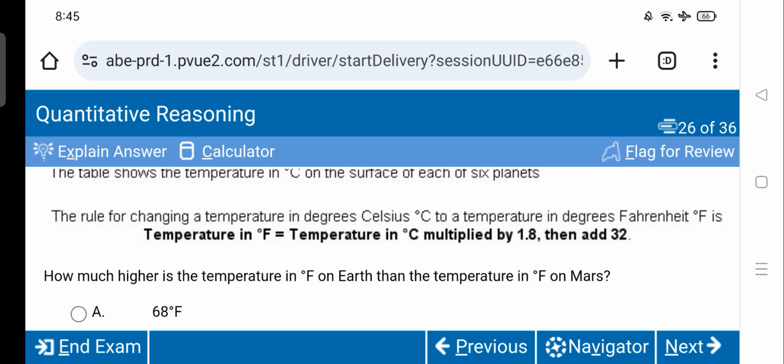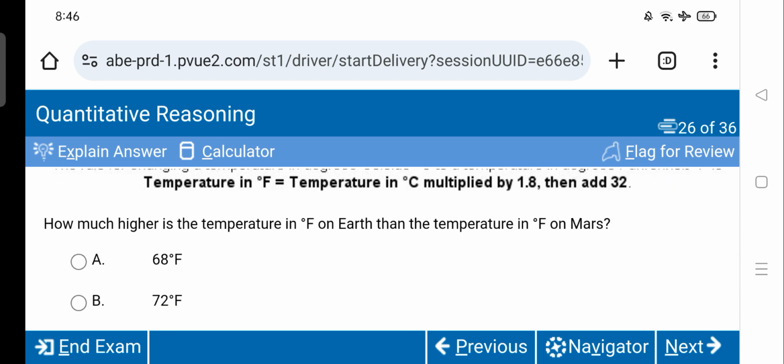How much higher is the temperature in Fahrenheit on Earth than the temperature in Fahrenheit on Mars?